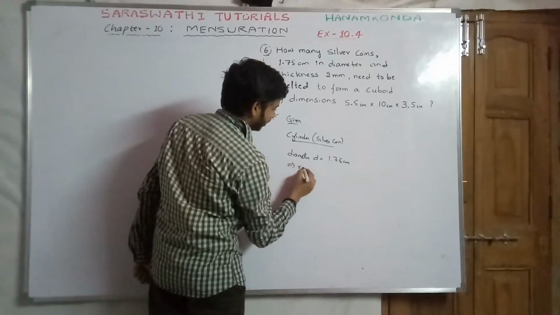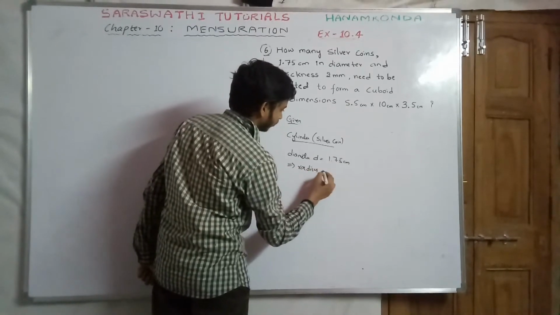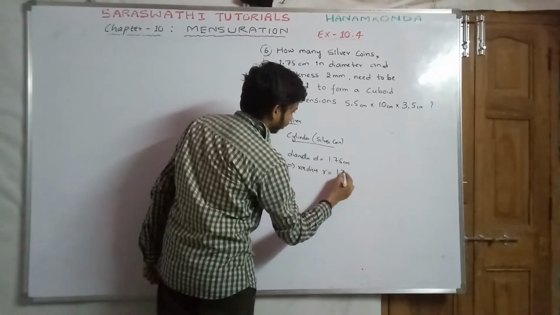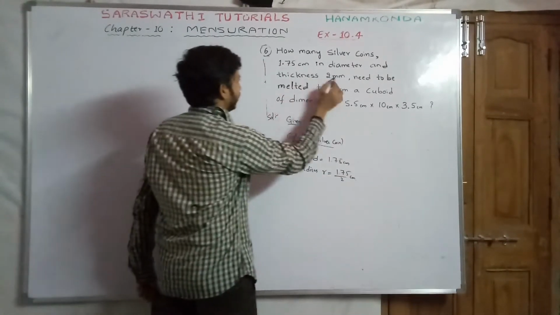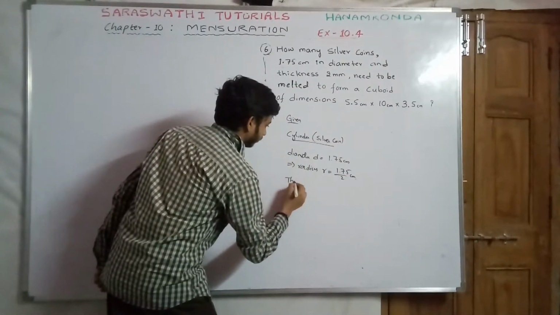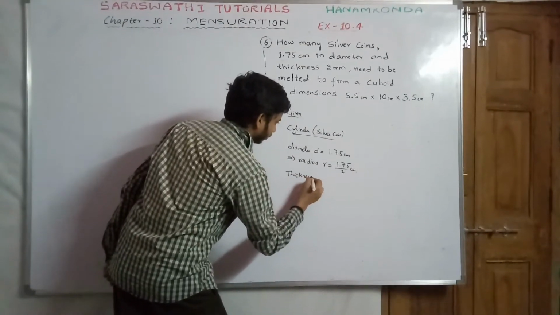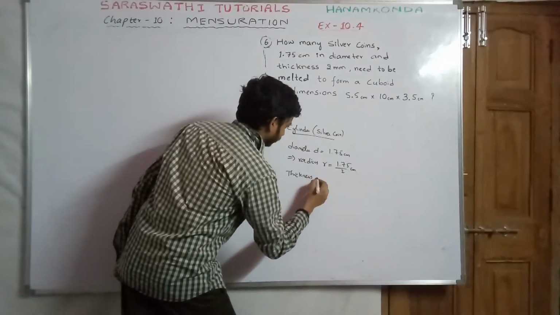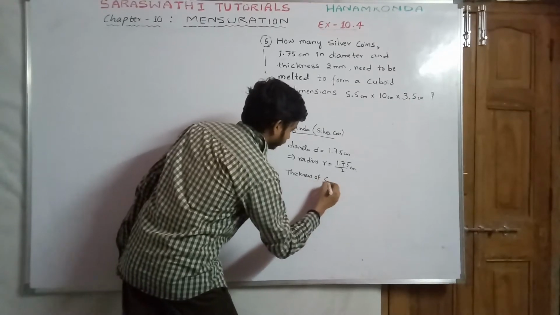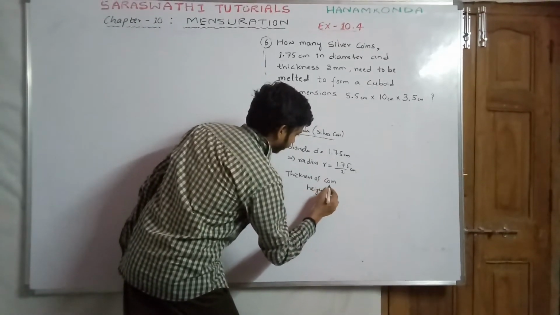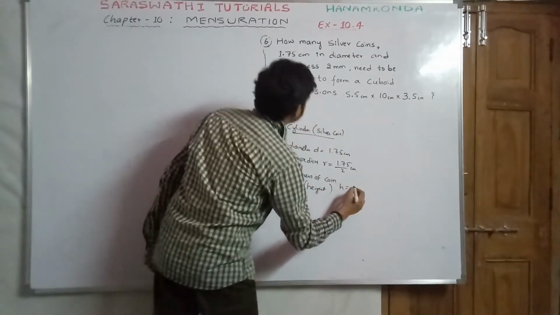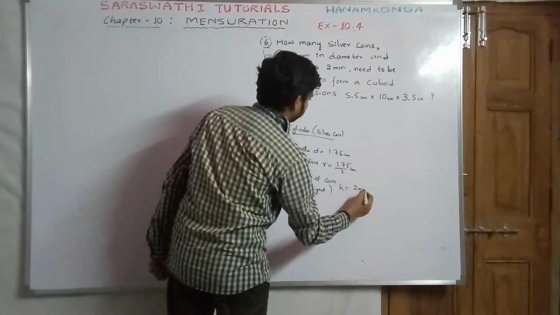It implies the radius is half of the diameter, so r equals 1.75 by 2 centimeters. Next, the thickness is 2 mm. Thickness of the coin is nothing but the height of the cylinder, so height h equals 2 mm.